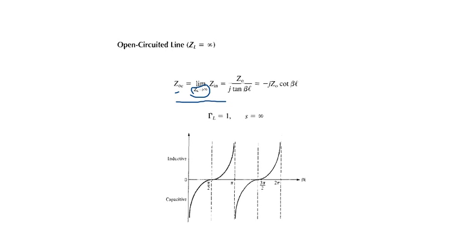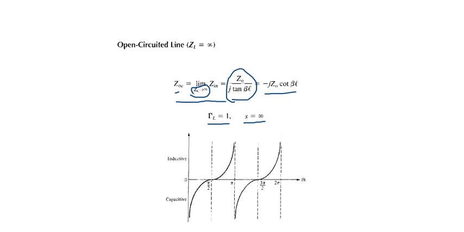We can write the previous equation of Zin as Z0 divided by j tan βL, which is equal to minus j Z0 cot βL. If you simplify this, our reflection coefficient is 1, and our value of standing wave ratio is equal to infinity here.